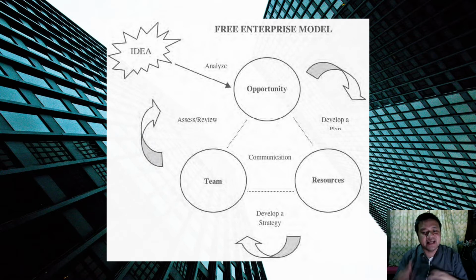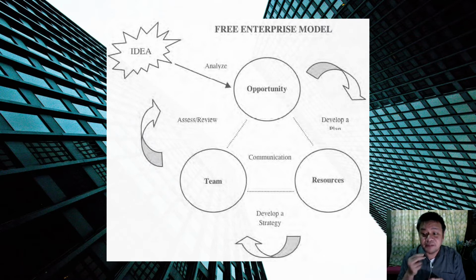It's actually a cyclical process until you can make a viable, profitable business or even scrap the idea and think of a new one. Now, at the center of it all is communication. That is why communication is essential to any entrepreneurial endeavor. Every business requires communication, and communication is needed to expand the business.